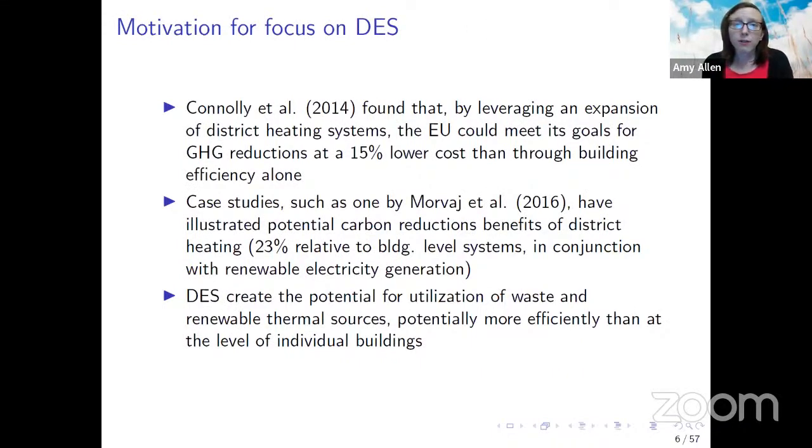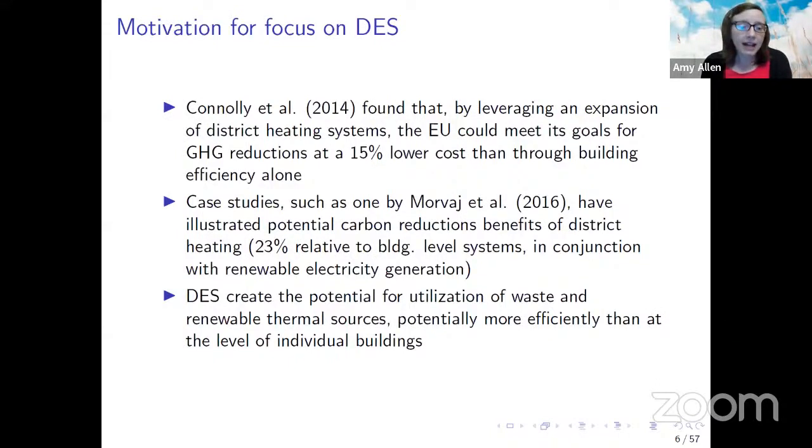The motivation for focusing on district energy systems in general, since this problem is also generally speaking extensible to any generation of district thermal energy system, is that such systems in appropriate applications have been demonstrated to facilitate more cost-effective reductions in greenhouse gas emissions.